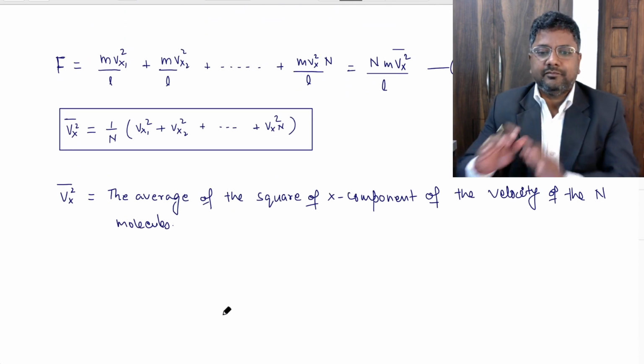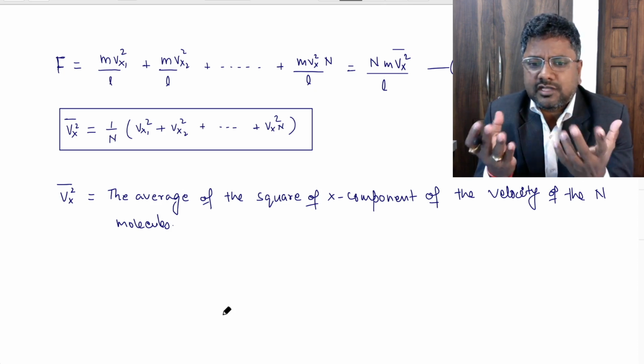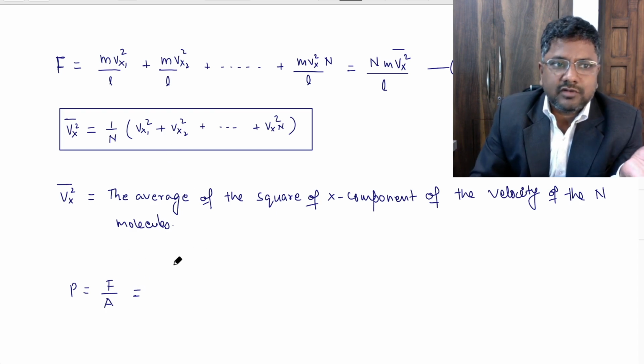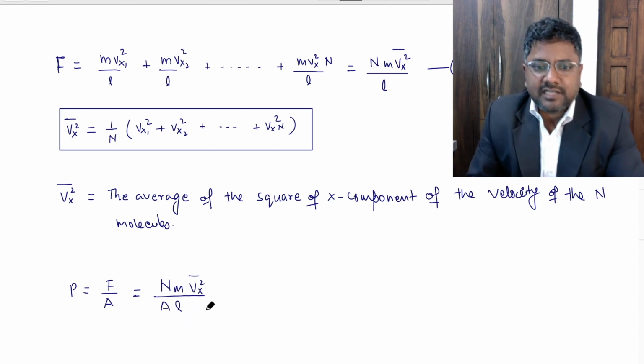Now we have calculated the total average force exerted by the gas molecules. Now we can calculate the pressure. P is equal to F by A, force per unit area. So force is equal to N into m into vx square average, divided by A into L. Now in place of A into L, you can write here V, volume.